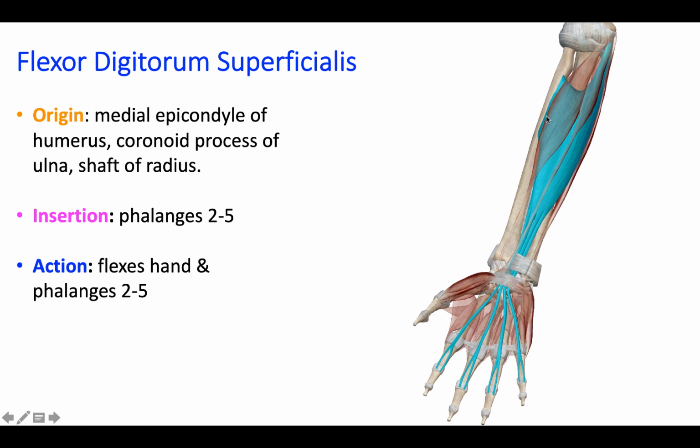Then it's going to insert into phalanges 2 through 5, and it flexes the hands and your phalanges 2 through 5. So basically your fingers, everything aside from the thumb, which has its own muscle.